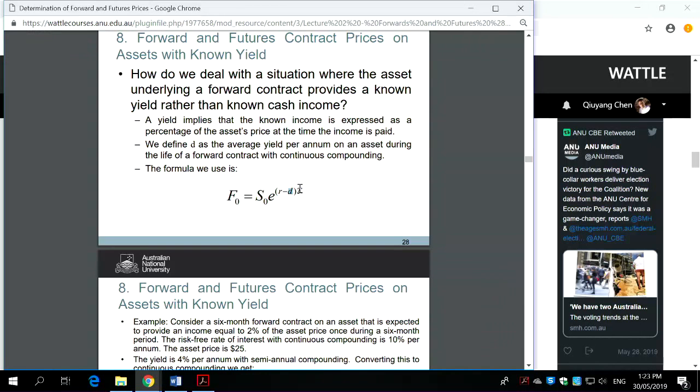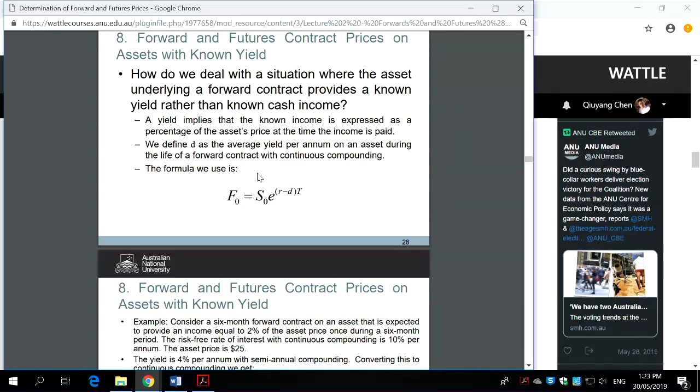But because we're holding the stock, we're entitled to the dividends, so the dividends help us reduce the cost of borrowing. That's why there is r minus d, brought forward by the capital T here, and that gives us the futures price. Remember, that's how we derived the futures price formula back in week 2.